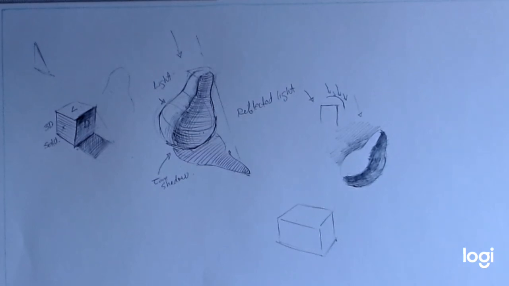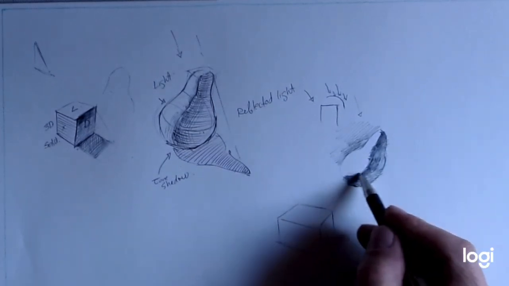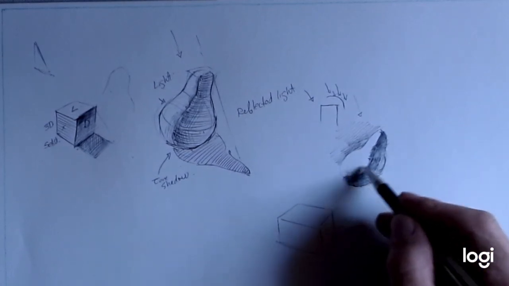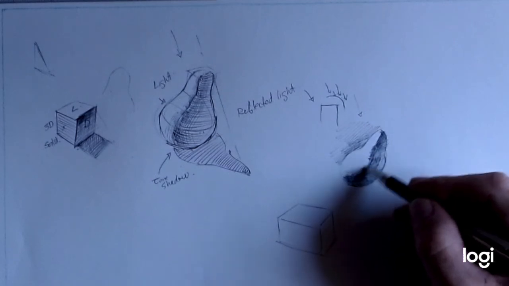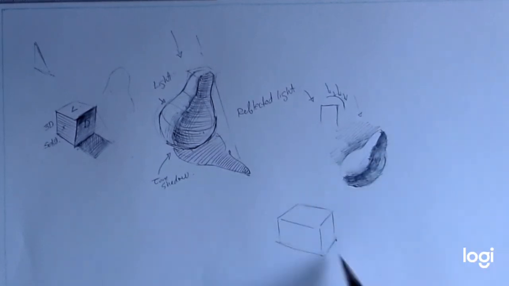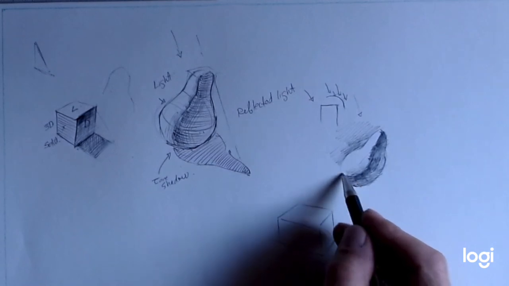And then the third stage is to go through and very gently establish halftone where transitions are called for, where the form is turning gently.